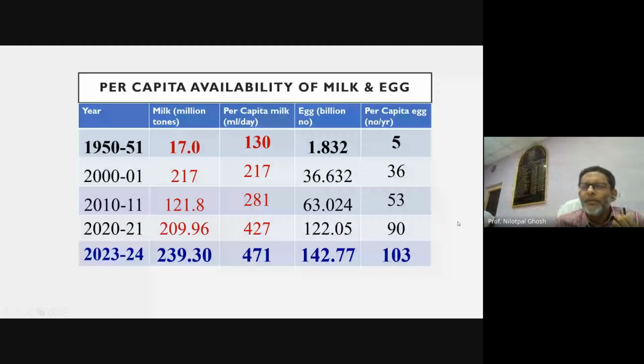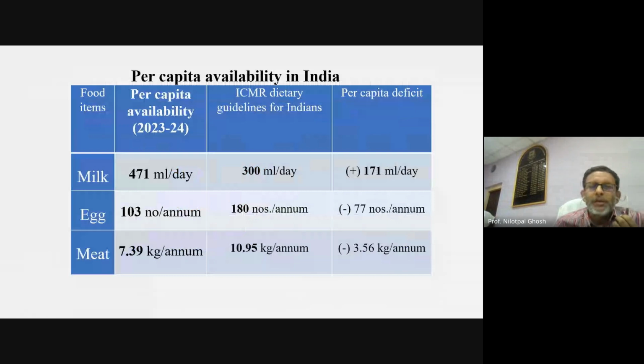In the year 50-51, the per capita availability per year, that is per year for one person, number of egg available was 5. Now the figure is enhanced to 103. This is the development in the animal husbandry sector. Huge development, contributing much to the Indian economy.